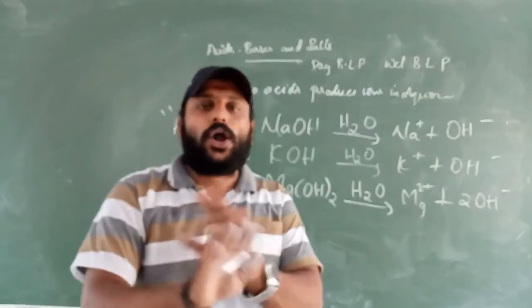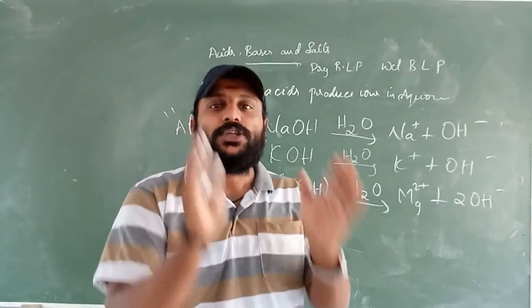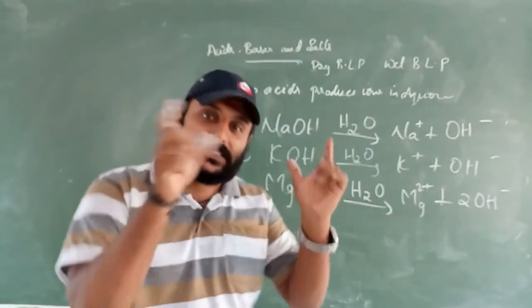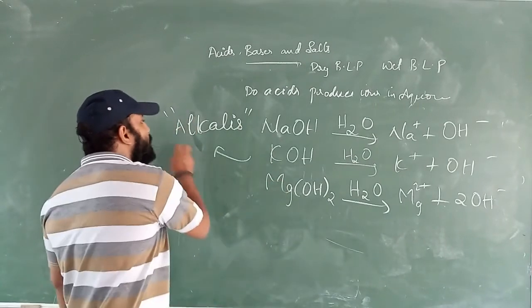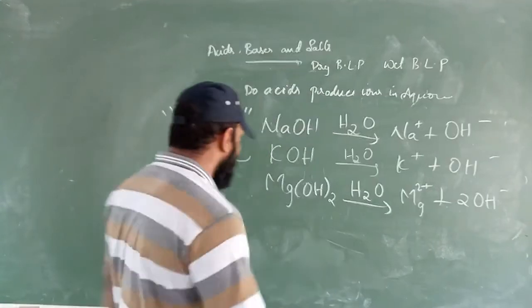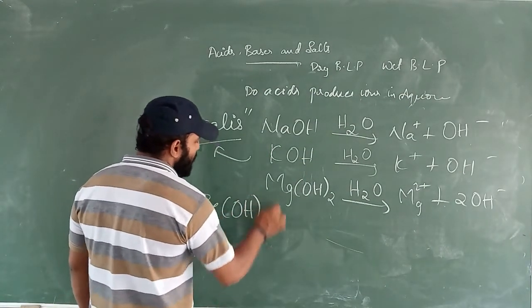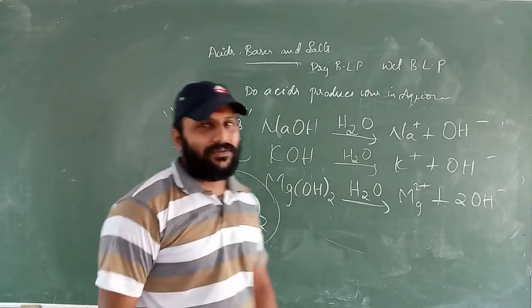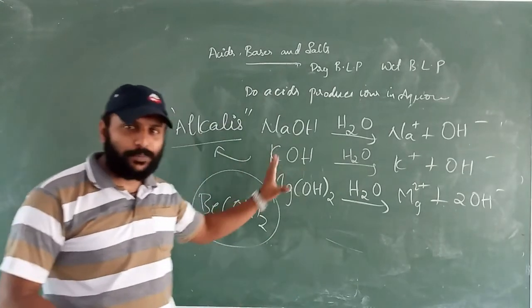As I said, all bases will not dissolve in water, only a few will. So the basic solutions of bases that dissolve in water are called alkalis. If I say, Be(OH) twice, beryllium hydroxide, is rarely soluble in water. Understood up to here?